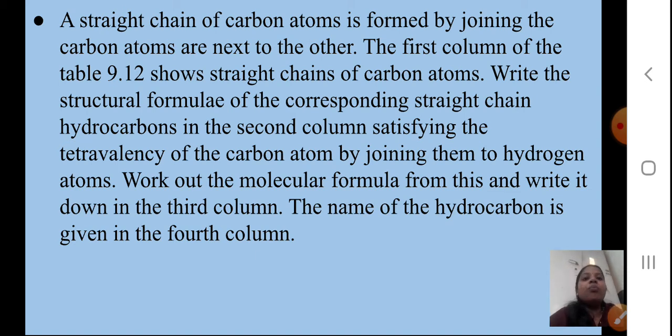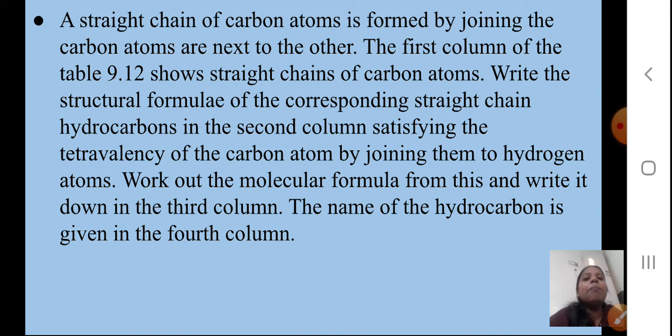Write the structure formula. This is a small assignment which you are going to do. You are going to write the structure formula of the corresponding straight chain hydrocarbons in the second column, satisfying the tetravalency of the carbon atom by joining them to hydrogen atoms. Work out the molecular formula from this and write it down in the third column. The name of the hydrocarbon is given in the fourth column.